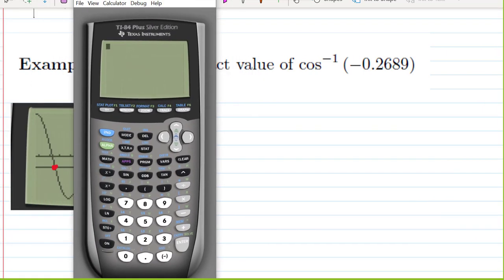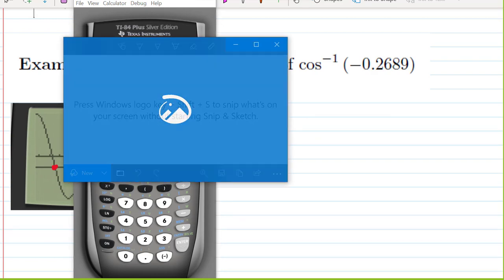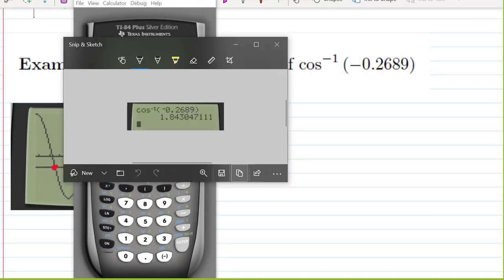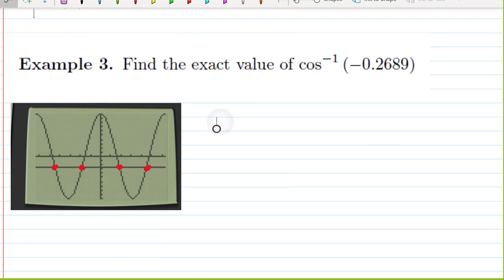What if I just ask my calculator? We have sine, cosine, and tangent. If we look at the second functions on our calculator, we have sine inverse, cosine inverse, and tangent inverse. So if we go second cosine, and we put in negative 0.2689, hit enter, we get this value.